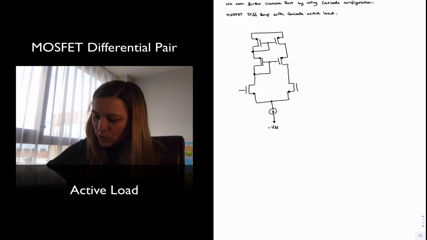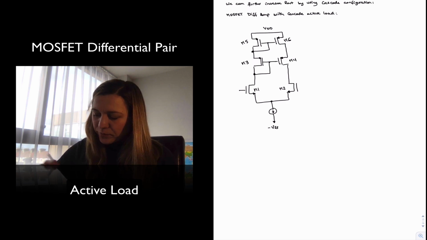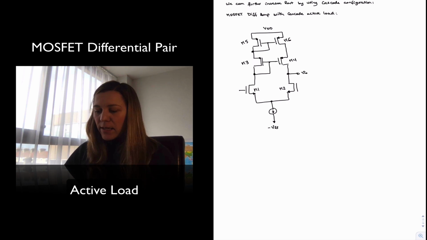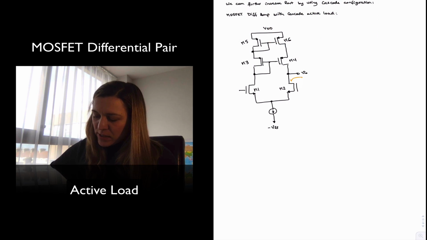Minus VSS, this will be VDD, M1, M2, M3, M4, M5, and M6. Right, and so basically my output voltage will be taken here, and notice that I have the output resistance looking down here, it will be little RO2.